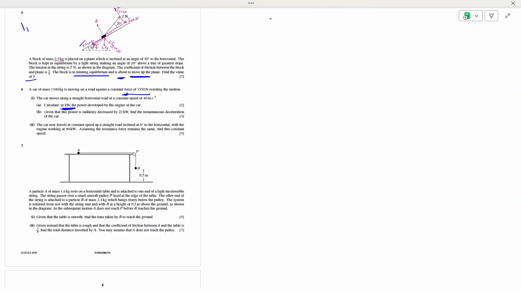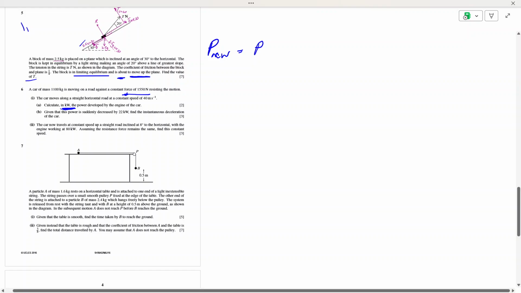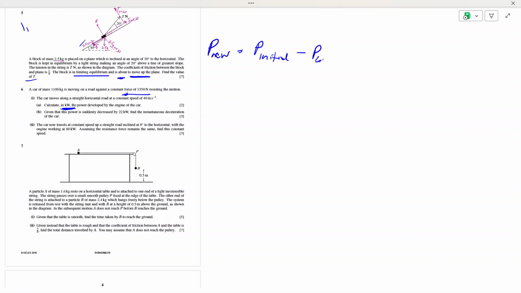I'm going to say the new power is equal to the initial power minus the power lost.